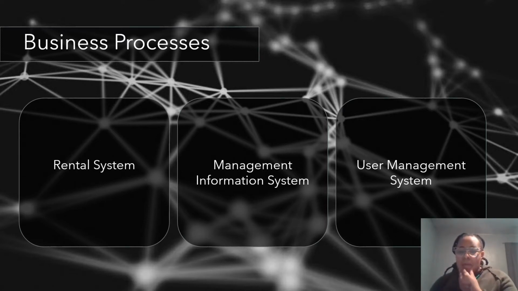So, for example, if a person was an annual user versus someone that's just renting by the day, this would determine the price based upon their membership level. And again, this would all be handled by the user management system.